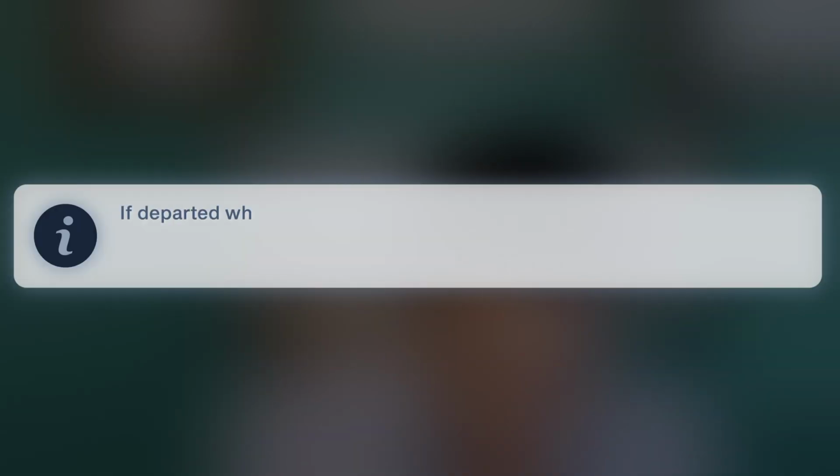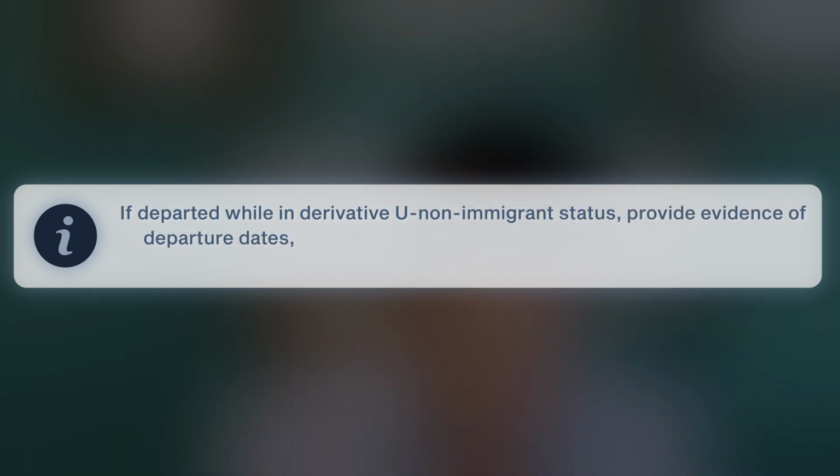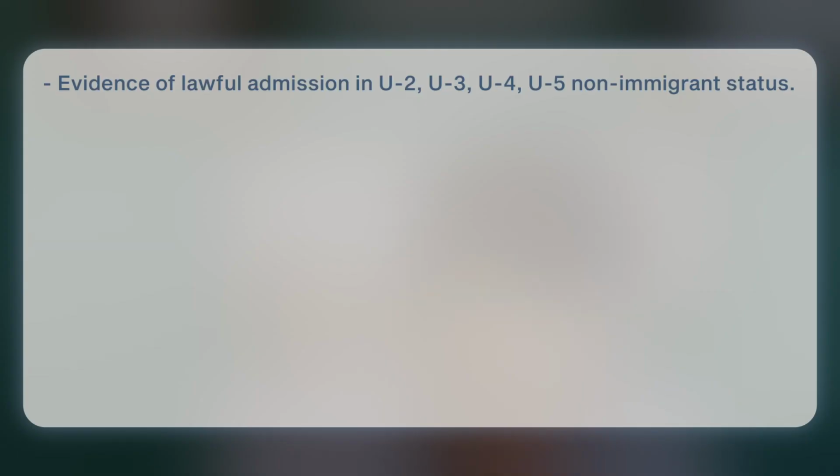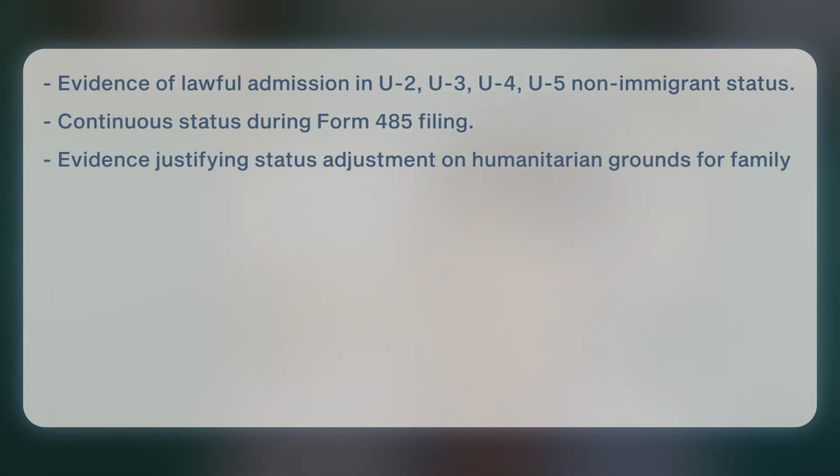If you departed from the United States while in derivative U non-immigrant status, you must submit evidence showing the dates of each departure, the date and place of each return, and the reason for departure, your own affidavit attesting to your physical presence and evidence of your continuous physical presence, evidence that you were lawfully admitted in U2, U3, U4, or U5 non-immigrant status, and that you continue to hold that status when you file Form I-485, and evidence that adjustment of status is warranted as a matter of discretion on humanitarian grounds to ensure family unity.